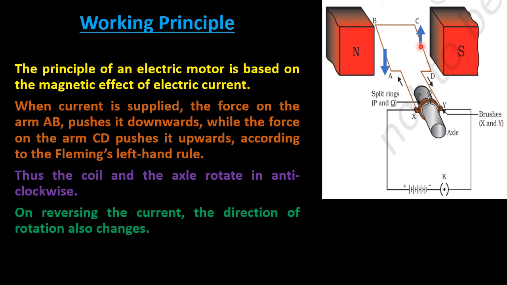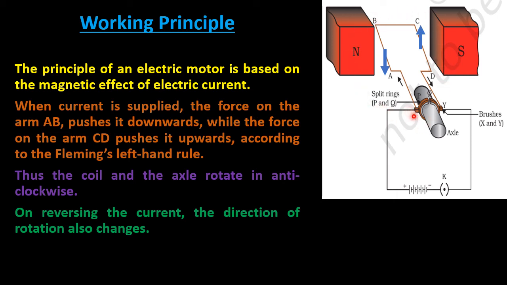On reversing the current, the direction of the rotation also changes. So if we interchange the direction of flow of current here, then the direction of the rotation of this coil will also change. In this setup, the coil will rotate anti-clockwise.